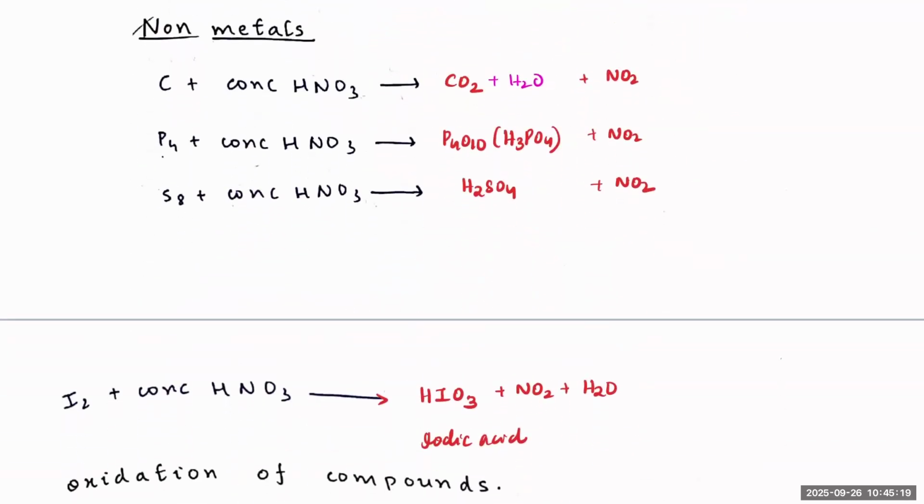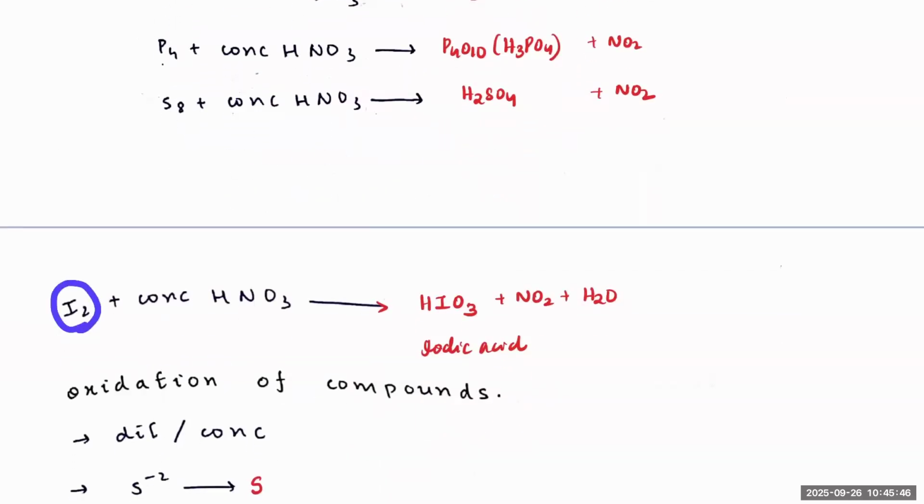Next, non-metals. See, non-metals usually react with concentrated HNO3 only. When you react with concentrated HNO3, carbon will convert into carbon dioxide, phosphorus will convert into P4O10, or you can write it as H3PO4 after adding some water. S8 converts into H2SO4. Have you noticed everything is converting into their highest oxidation state, except for iodine?